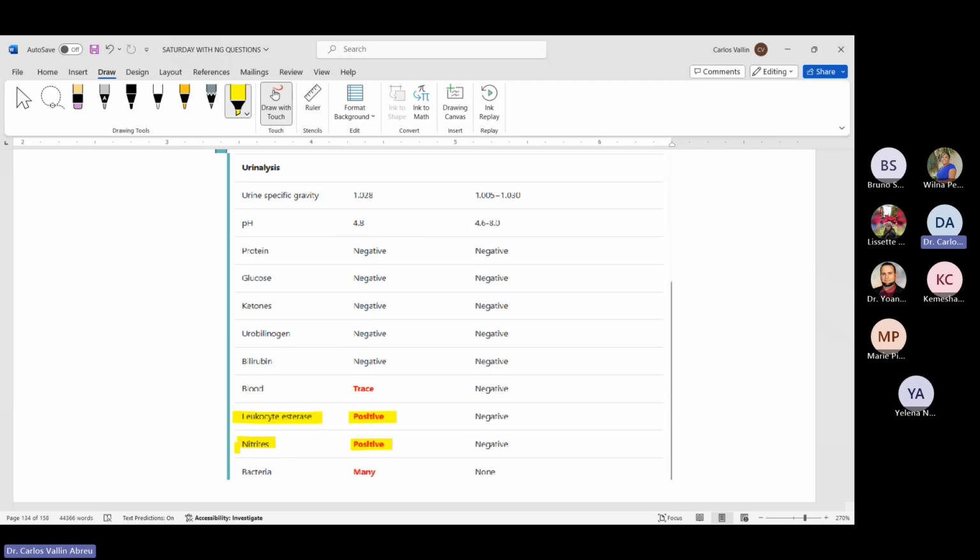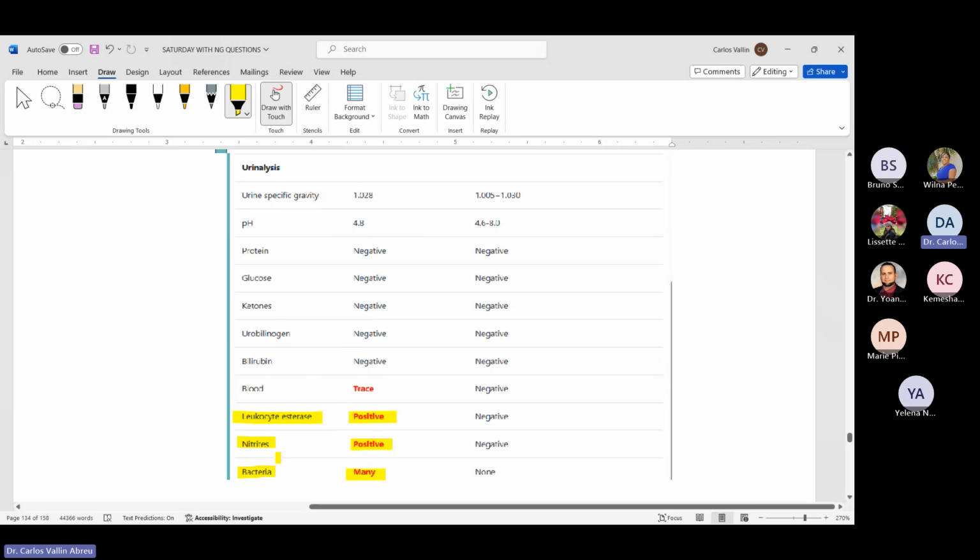Notice that in this scenario of a question bank, and in the book, and in real life, and in your Nclex, they use these two values that can be found in the simple urine analysis as proof of urinary tract infection. The urine should not have bacteria, and this client has many bacteria in the urine.